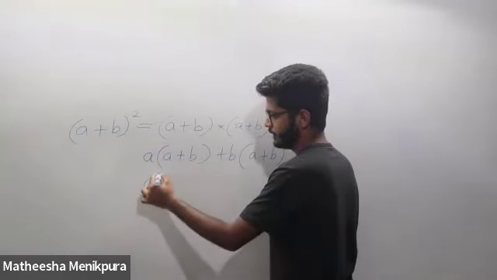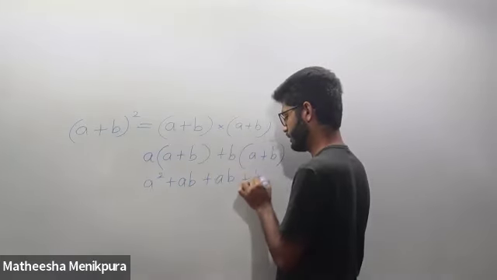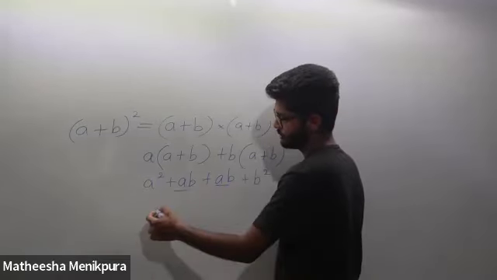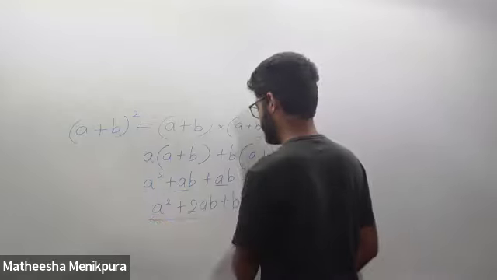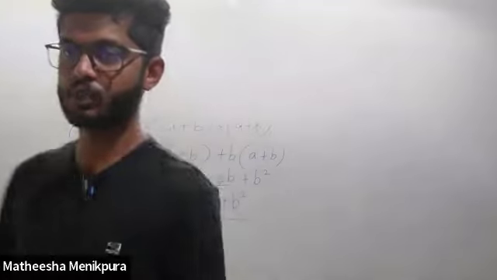Remove the bracket: a into a is a squared, plus a into b is ab, plus b into a is ab, plus b into b is b squared. Now simplify ab and ab like terms: a squared plus 2ab plus b squared. So the answer is a squared plus 2ab plus b squared.